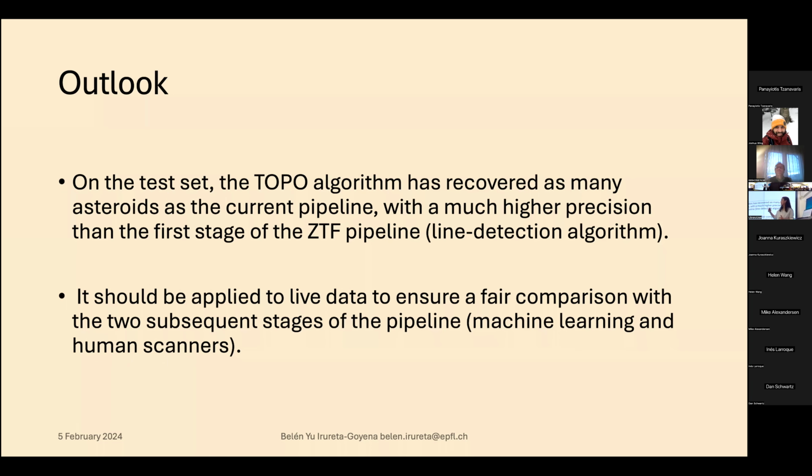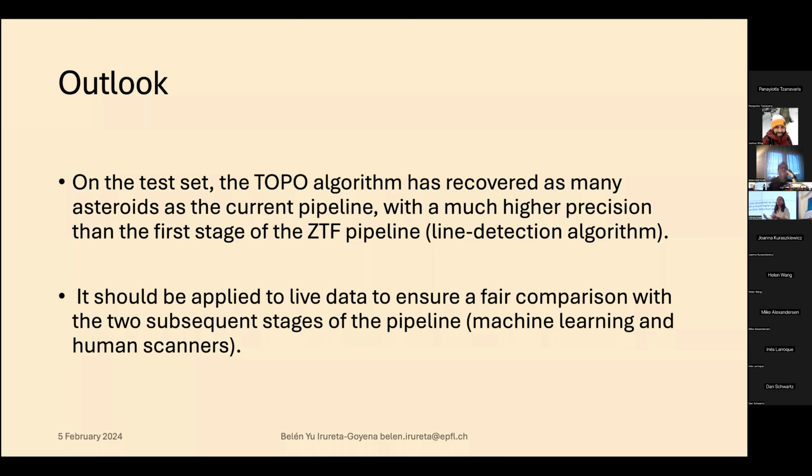The next step after this is to apply Topo to live data and compare it to the 2 subsequent stages: the stage where there's a machine learning classifier and the stage where there are human scanners. The reason we haven't done this direct comparison before is because the statistics on their performance are only saved for a very short period of time.